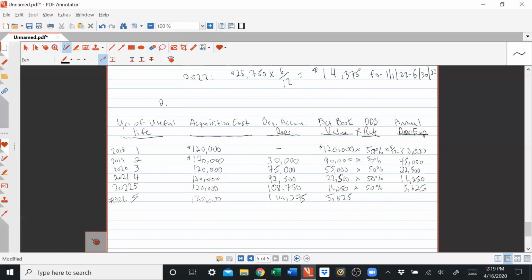So if we just add that extra $625 to this number, then that'll get us the right number here. So 5,625 plus 625. What is that? $6,250.